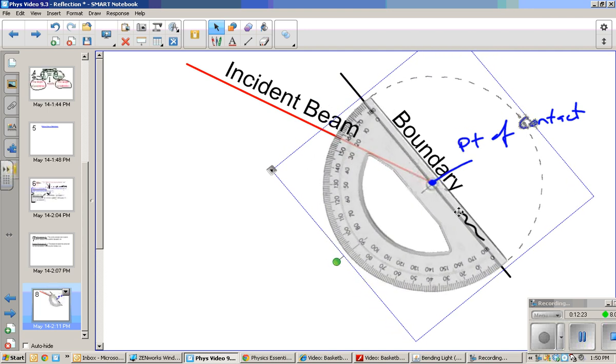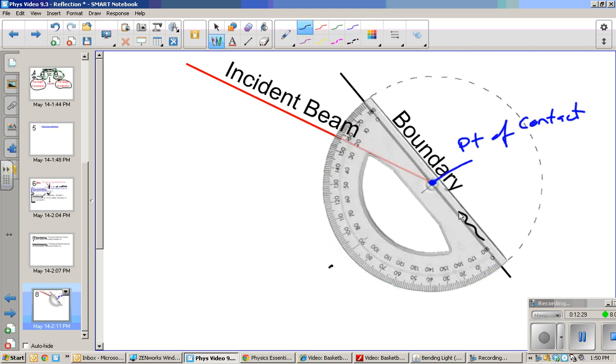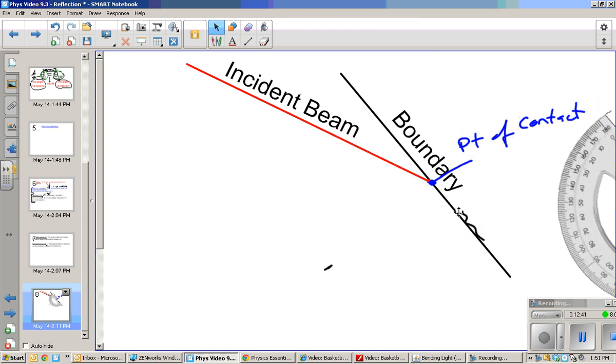Like that. Then take your pencil and make a little mark right there at the 90-degree mark. Then use your ruler and make a line from the point of contact through the 90-degree mark. So I'm going to move my protractor out of the way for a minute and grab my ruler here. For me, I have cheater straight lines, but basically you're going to draw a line that goes this way.